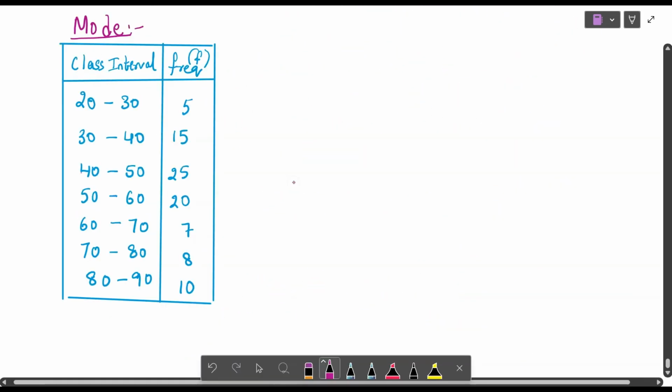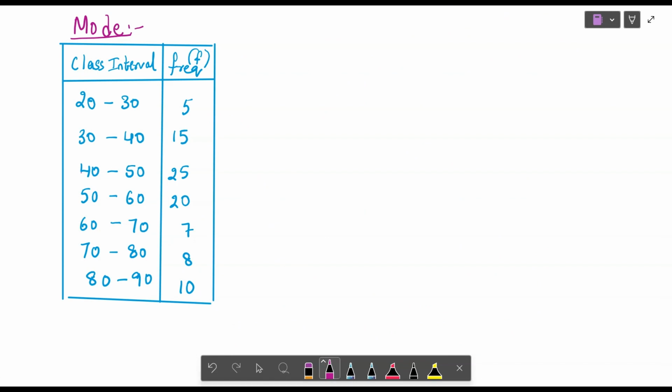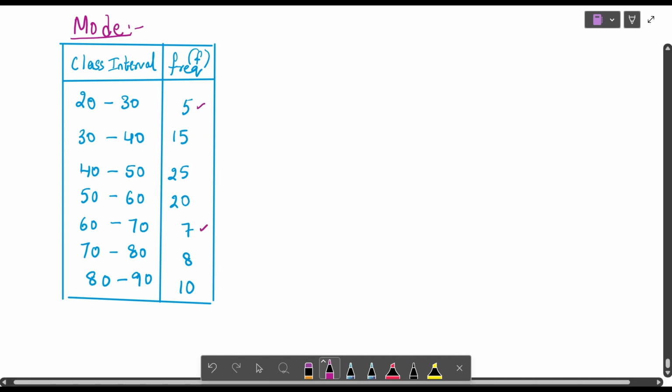Next, students, in the question they also asked us to find the value of mode. So I have written the tabular column once again along with the values of P and Q. P is 5 and Q is 7. Now with this data we are going to find the mode. Before finding the mode we have to find the highest frequency here.